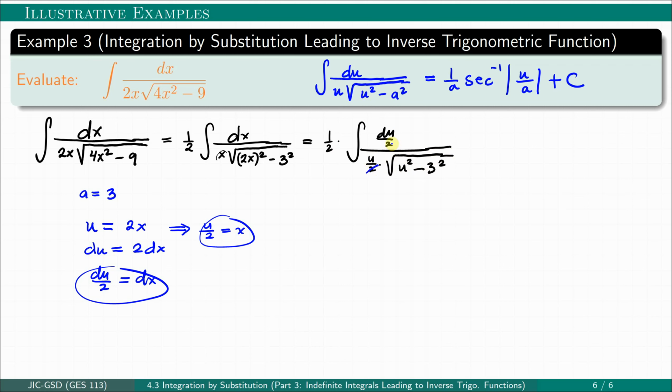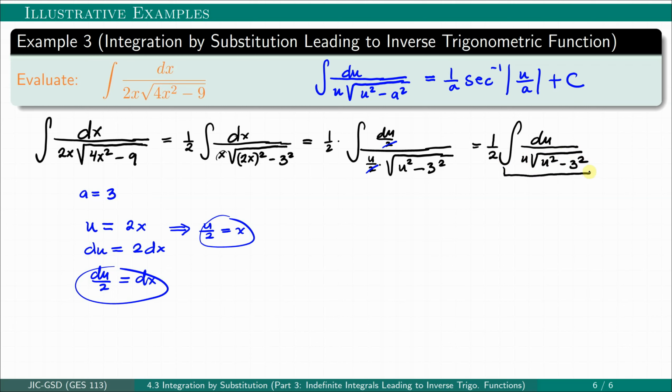Now we can cancel the 2 here, and we will get 1/2 times the integral of du divided by u times the square root of u squared minus 3 squared.